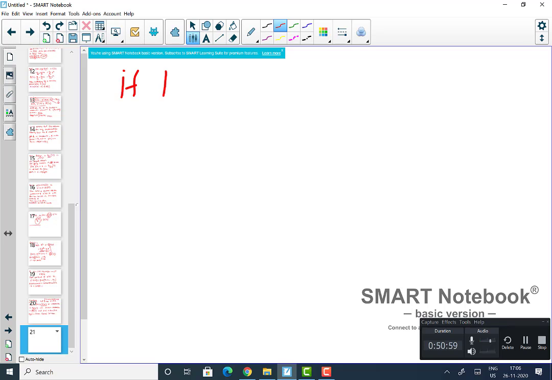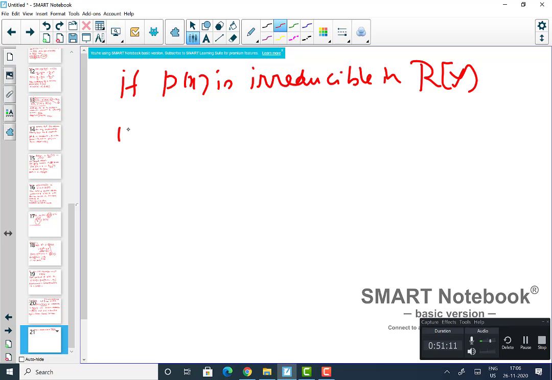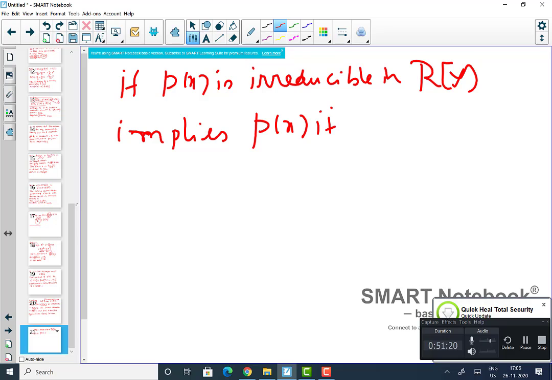If p(x) is irreducible in R[x], this implies p(x) is irreducible in F[x].